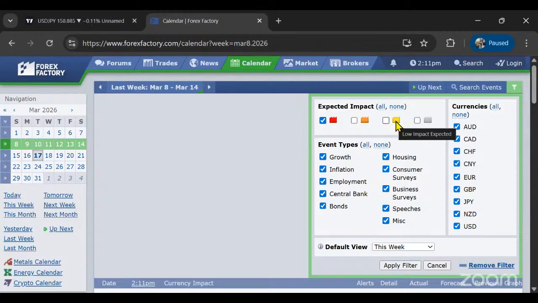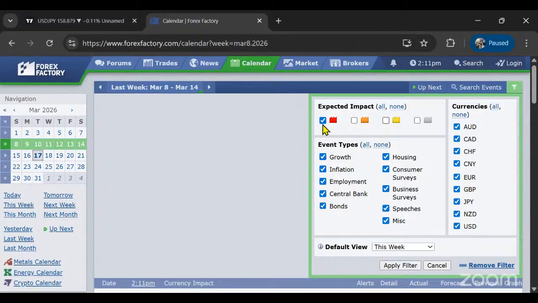Did you see the low impact? Yes, they are called low impact news.